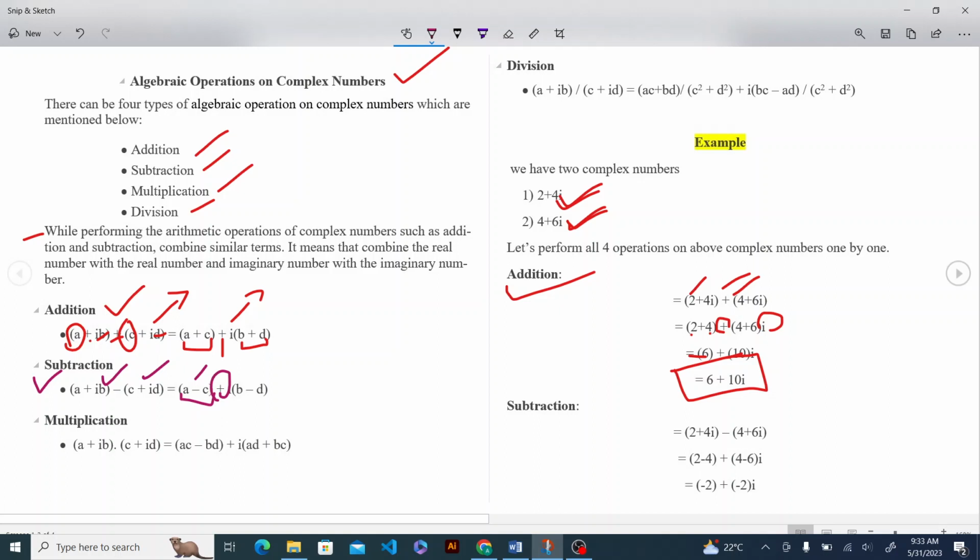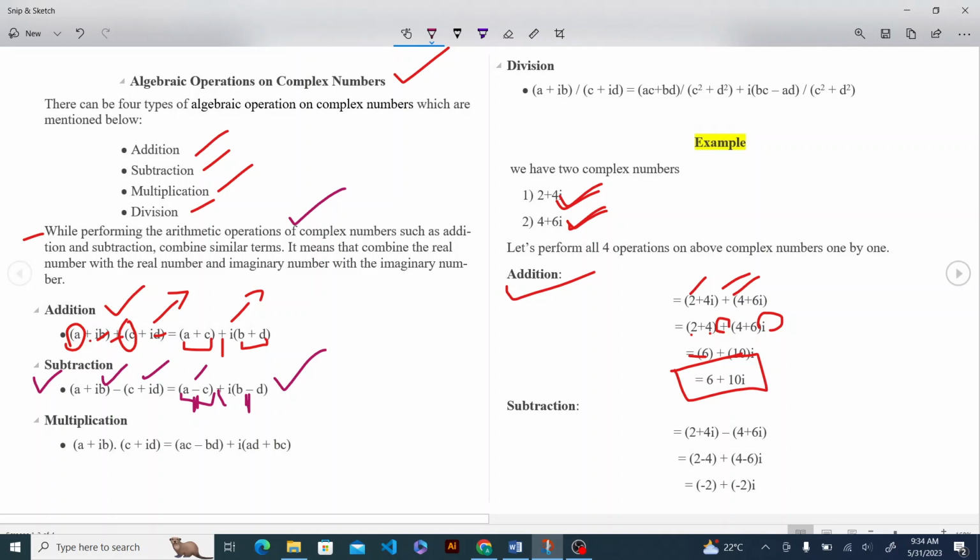You have to remember this thing. This plus sign will come, but when we are combining the real and imaginary parts, the minus sign will be placed. So a minus c, plus iota sign, and then b minus d, meaning the imaginary parts and the real parts are dealt with separately. This is the rule which we have seen at the first.